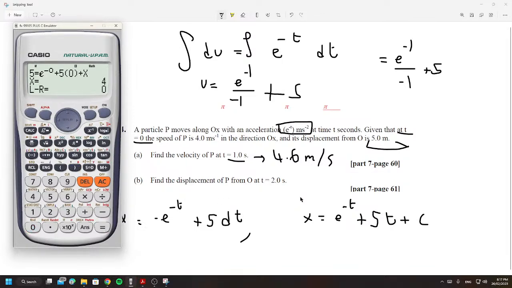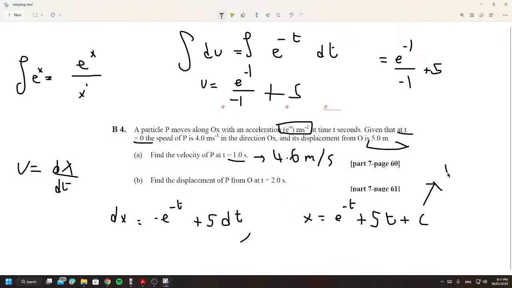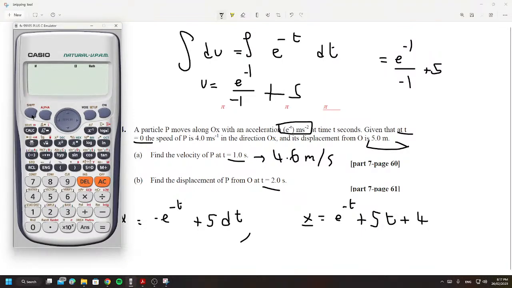So for c, we got the constant to be 4. So we're just going to replace it with 4. And now we're going to solve for x when t is equal to 2. So we go e to the power negative 2 plus 5 times 2 plus 4. And we got 14.1.